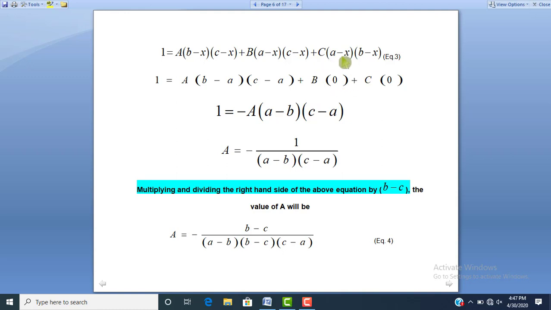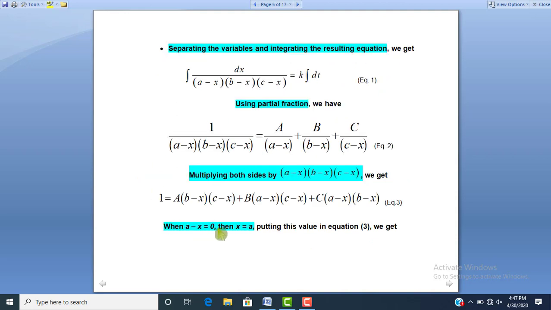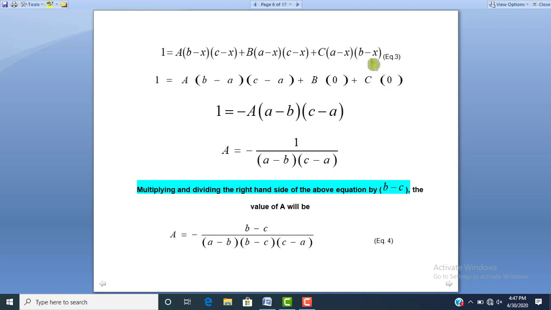C minus x, x means a. So a minus a is equal to 0. So when we applied the condition that x is equal to a, this equation became equation number 3, that 1 is equal to minus a into a minus b, because here was b minus a.